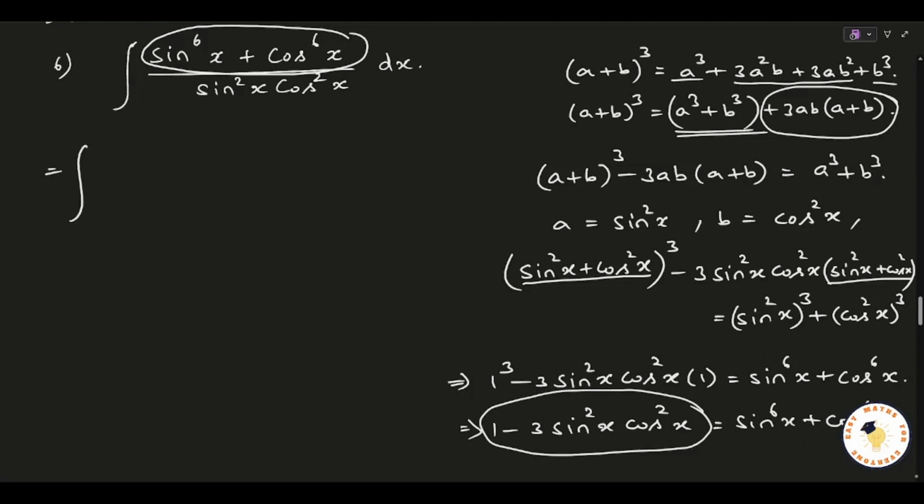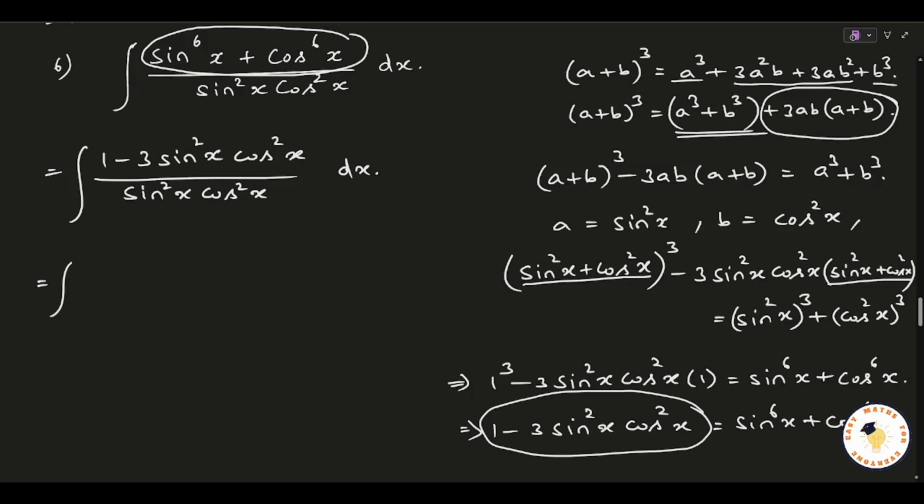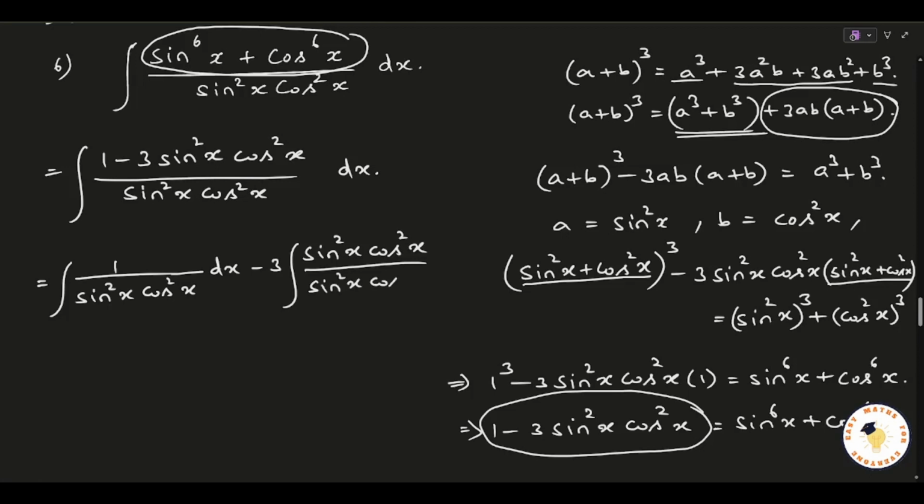So rewrite this integral. Replace the numerator with 1 minus 3 sin square x cos square x divided by sin square x cos square x into dx. This becomes integral 1 by sin square x cos square x dx minus 3 can be taken common, integral sin square x cos square x divided by sin square x cos square x dx.